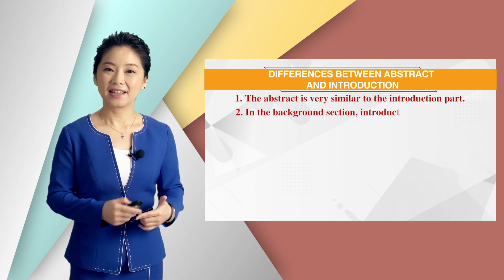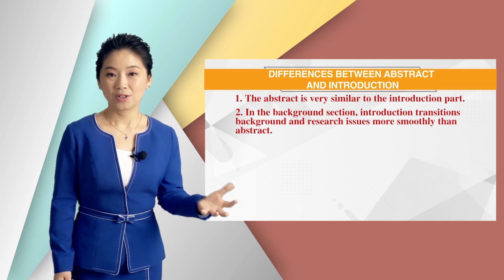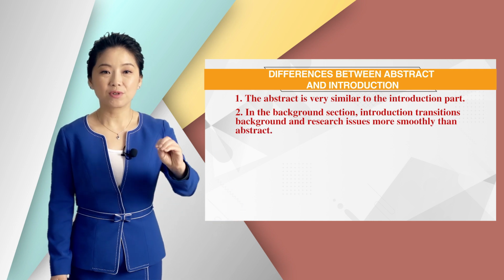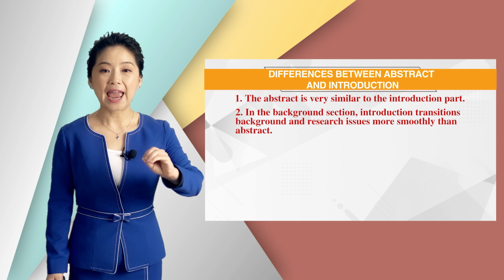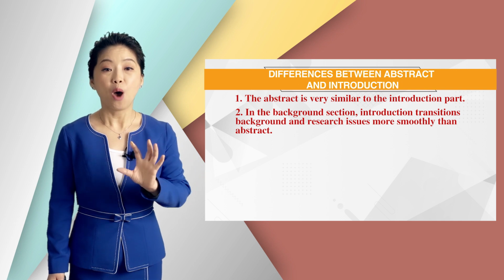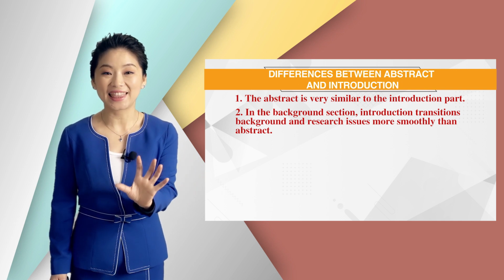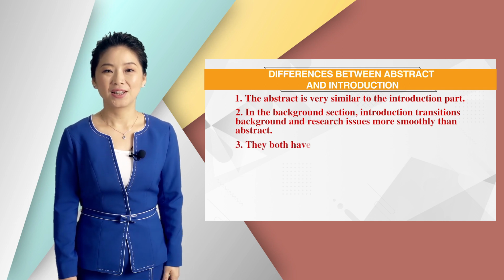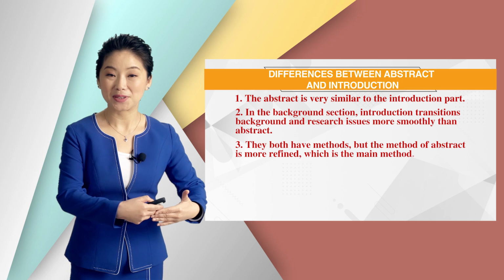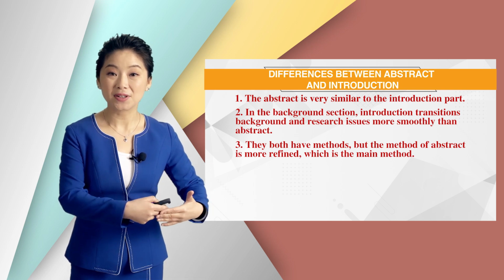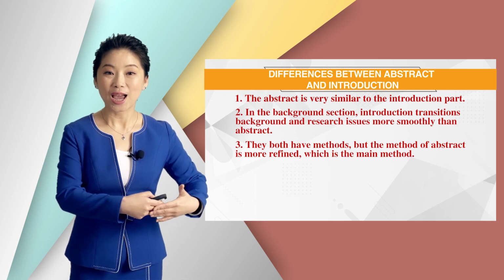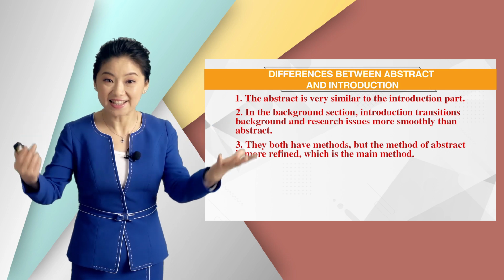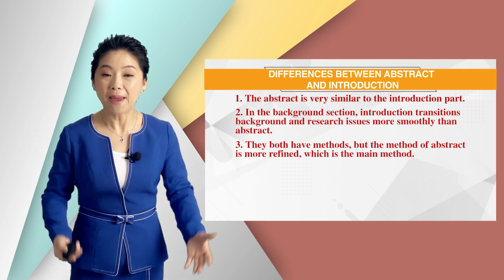Second, in the background section, the introduction transitions from background to research issues more smoothly than the abstract. Third, they both have methods, but the method of the abstract is more refined, which is the main method.